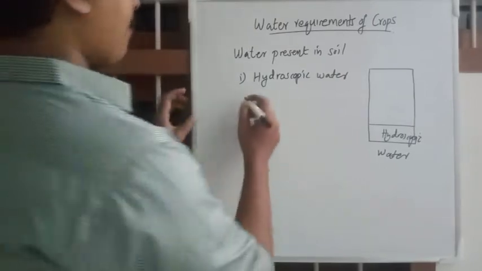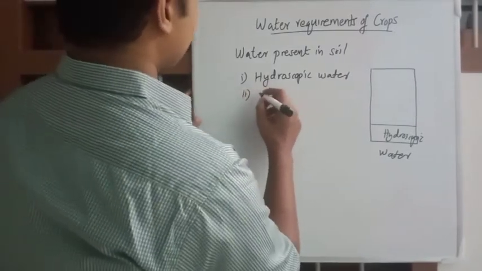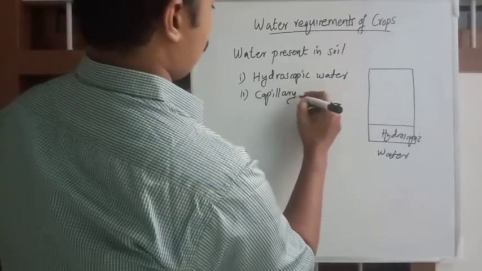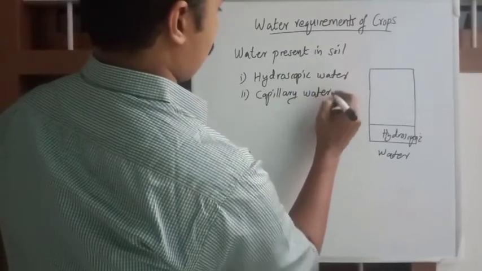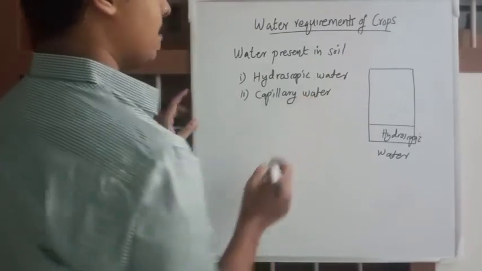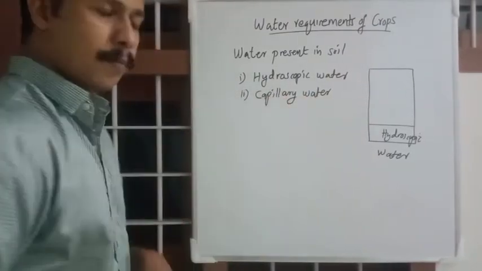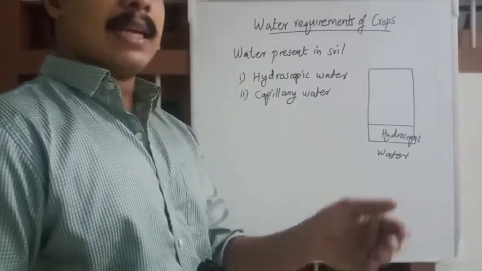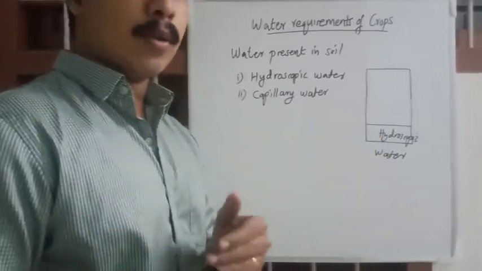Second one is capillary water. We all know the meaning of it. Capillary water, obviously, is the water present between the capillary holes of soil.